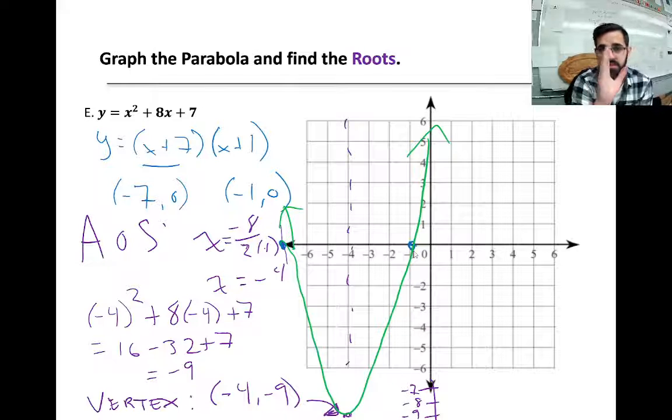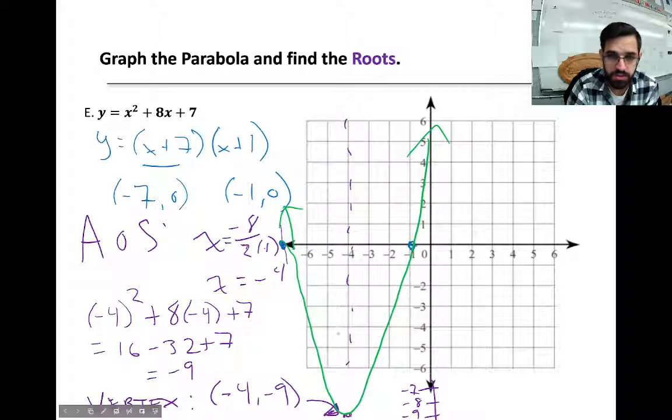And we know the axis of symmetry is right in the center, so negative 4 is in the center of negative 1 and negative 7. So negative 4 has to be where the axis of symmetry is, which we can calculate and confirm. So if we know the x-intercepts, we could also use that as our starting point to graph a parabola, or at least to check our answer and get a couple more points.